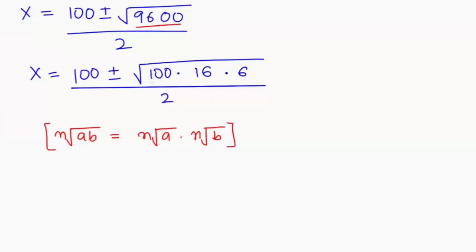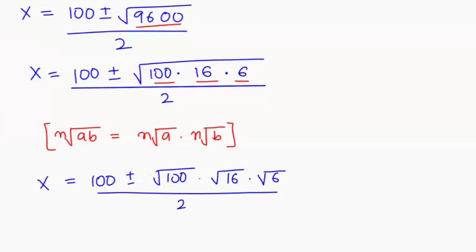So I will write separate roots. x equals 100 plus or minus root of 100 times root of 16 times root of 6 over 2. Here root of 100 is 10, and root of 16 is 4, times root of 6, over 2.